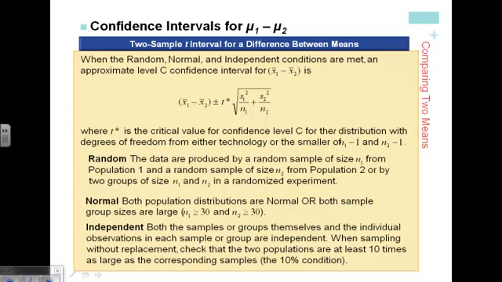Independent, we need the populations from which we're drawing to be much bigger than our samples. Population 1 needs to be at least 10 times greater than sample 1. Population 2 needs to be at least 10 times greater than sample 2. And lastly, we need independence between our samples. There needs to not be a relationship between thing in sample 1 and thing in sample 2.